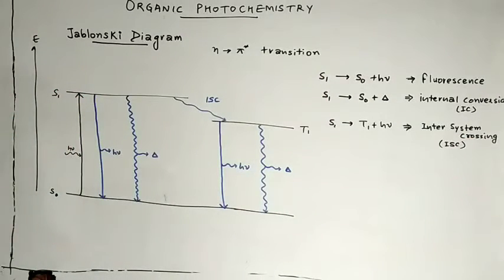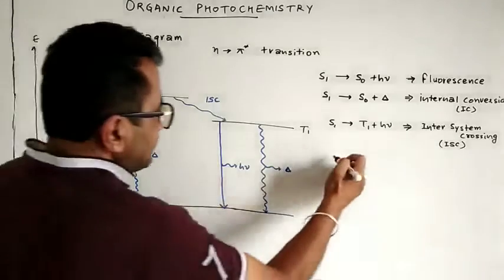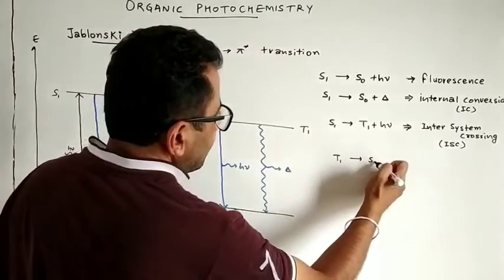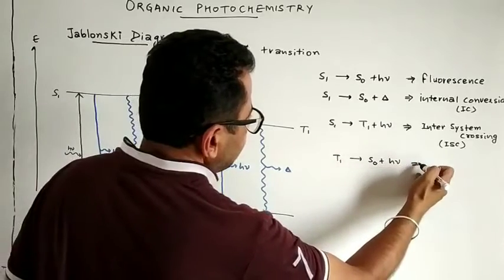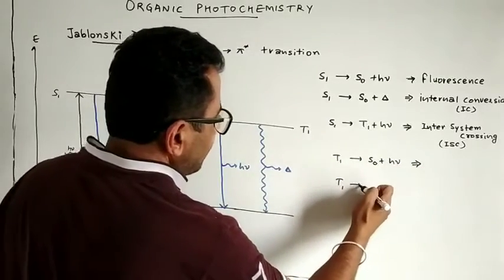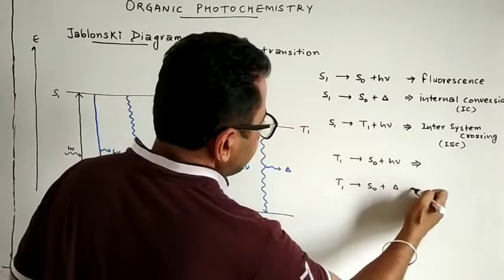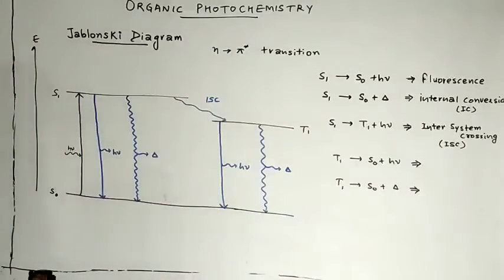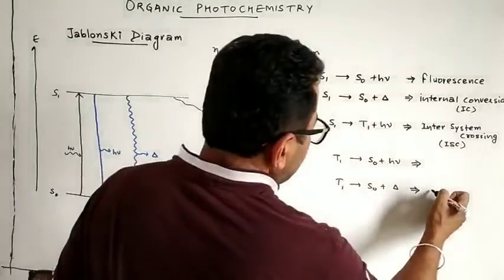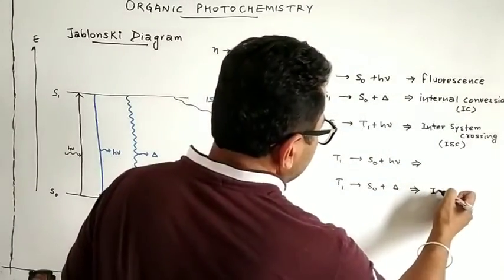Two more transitions are T1 to S0 by emitting light, and T1 to S0 by emitting heat. When it emits heat, that is called the same internal conversion.